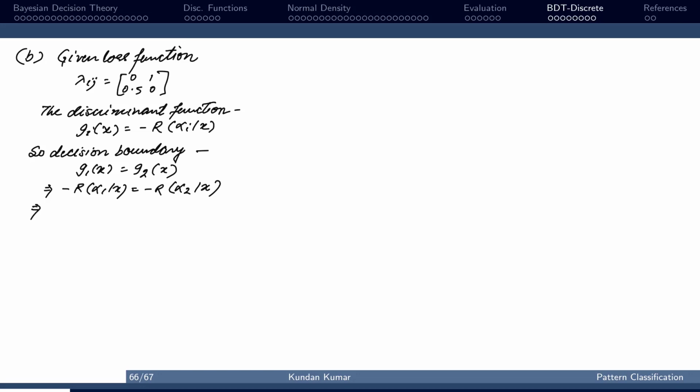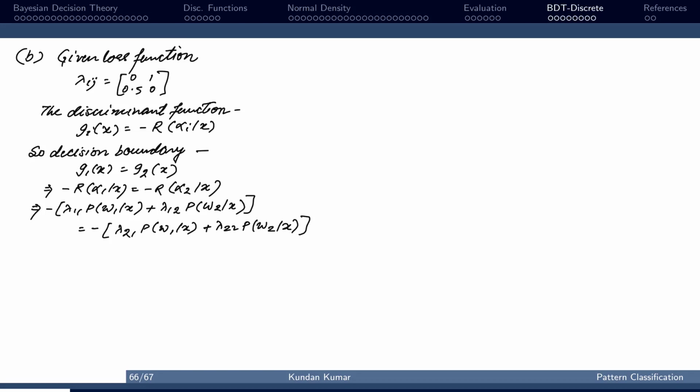Then we can write minus lambda 1 1 into posterior probability of class 1 plus lambda 1 2 into posterior probability of class 2, equal to minus lambda 2 1 into posterior probability of class 1 plus lambda 2 2 into posterior probability of class 2.